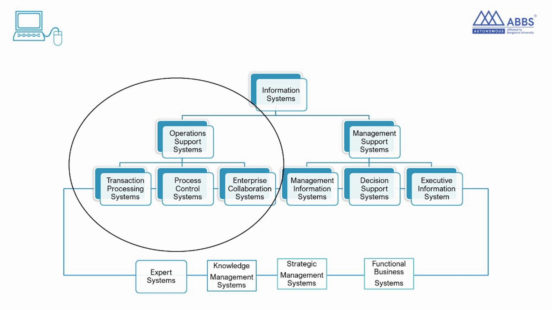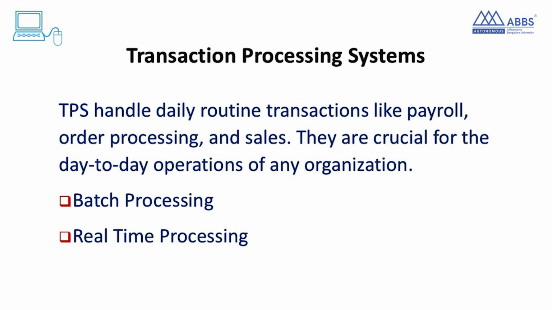Now, let us try to understand operation support systems in depth one by one. We have transaction processing systems. As the word says, a transaction is an event or an activity which occurs with a function initiation.